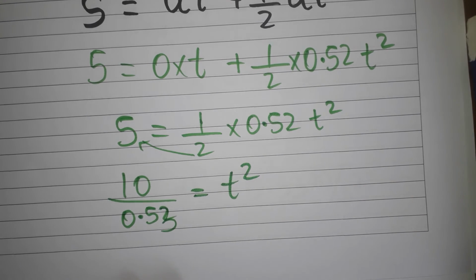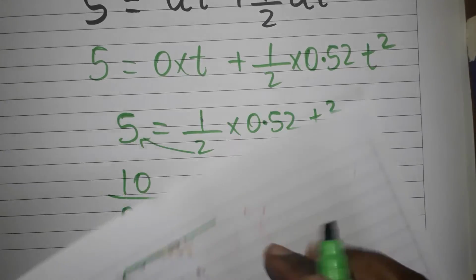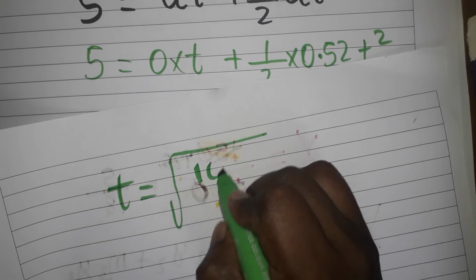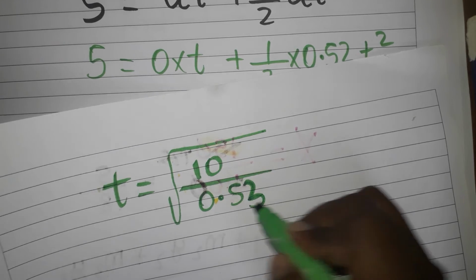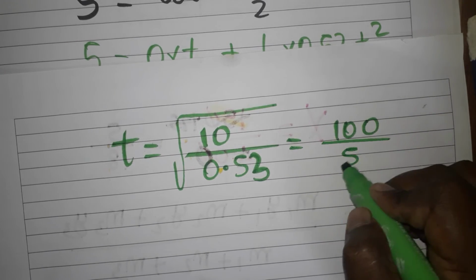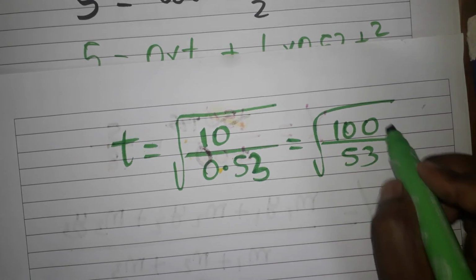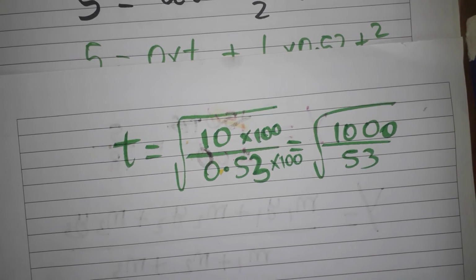So this 2 came here, it's going to be t square. If you want t finally, you should take the square root. t is equal to root of 10 divided by 0.53. If you are getting approximately 0.52 also fine. That answer will be the whole root of 1000 divided by 53, because I multiplied numerator and denominator by 100 to get a round number.